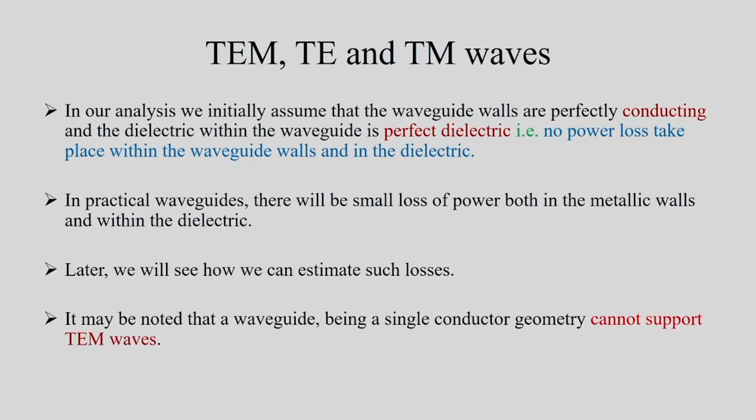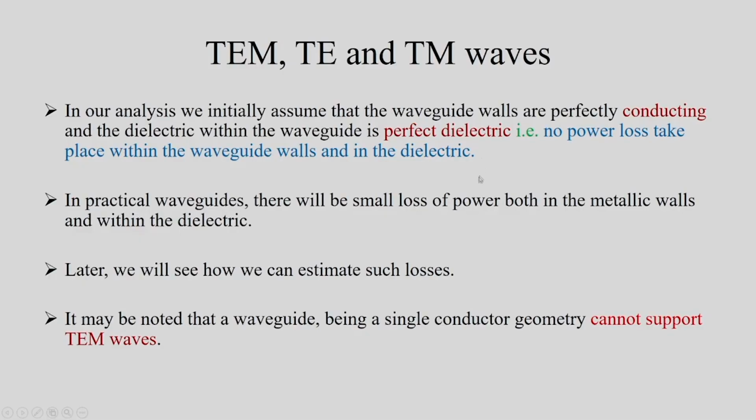It should be emphasized here that a hollow waveguide is a single conductor geometry, and it cannot support a TEM wave. This is because, suppose Ez is equal to 0, then in order to support a transverse magnetic field, you require a current in the longitudinal direction.